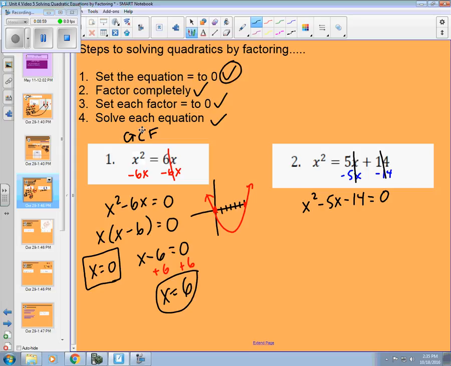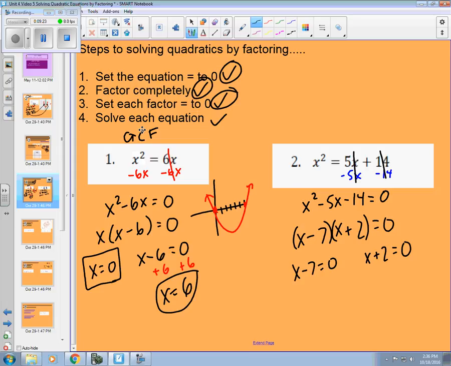Okay, now factor it. What's going to multiply to negative 14 and add to negative 5? The two numbers look like they'd be something with 7 and 2. And we want the 7 negative and the 2 positive here, so that adds to negative 5. So we factored it. Now set each factor to 0. Put x minus 7 equals 0, x plus 2 equal to 0. So we did that one.